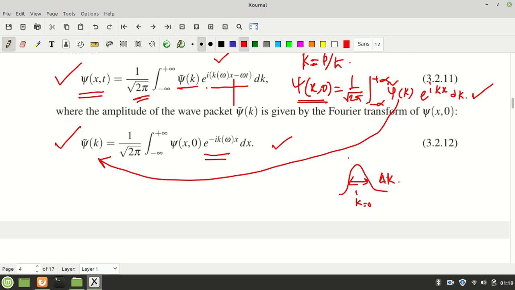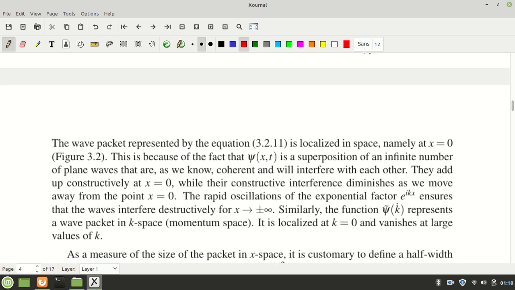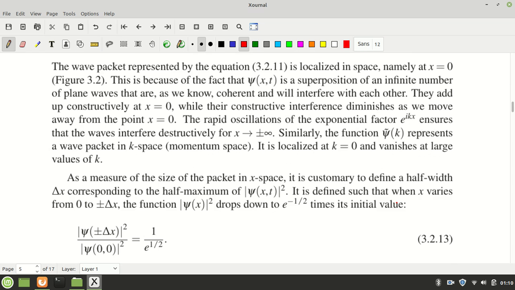Here it is plotted. So the psi tilde k has finite uncertainty. So it is consistent with the Heisenberg uncertainty principle, which has to be true all the time.